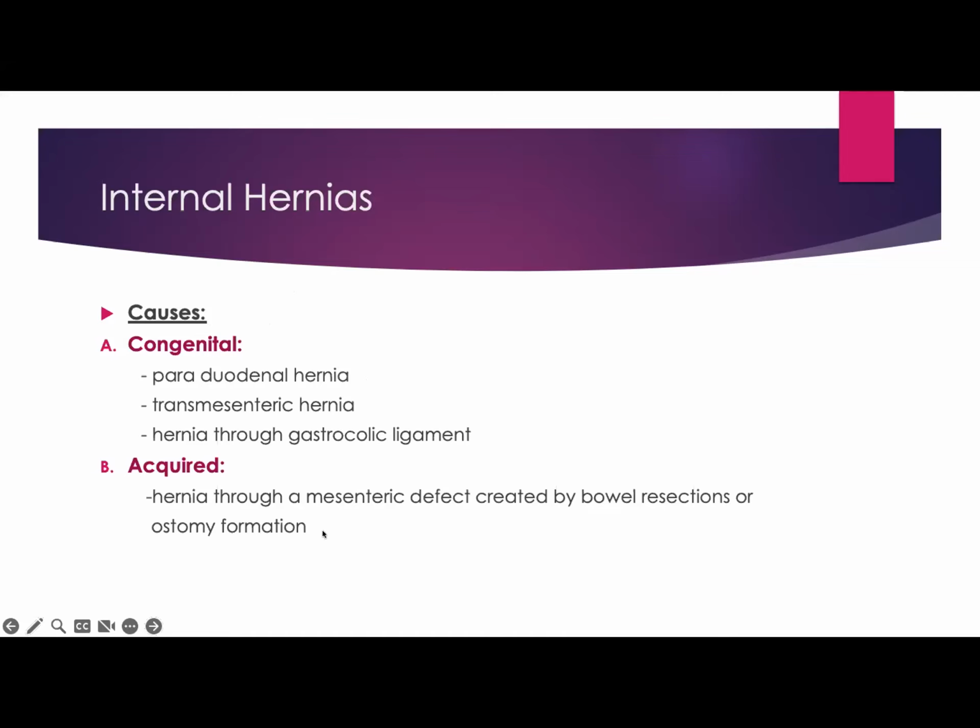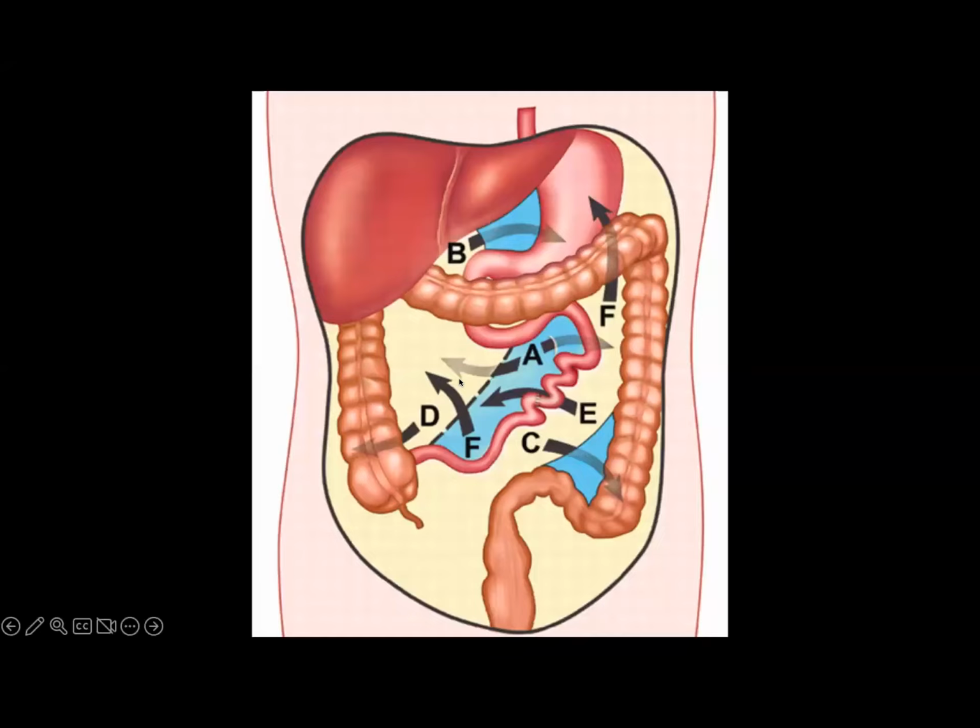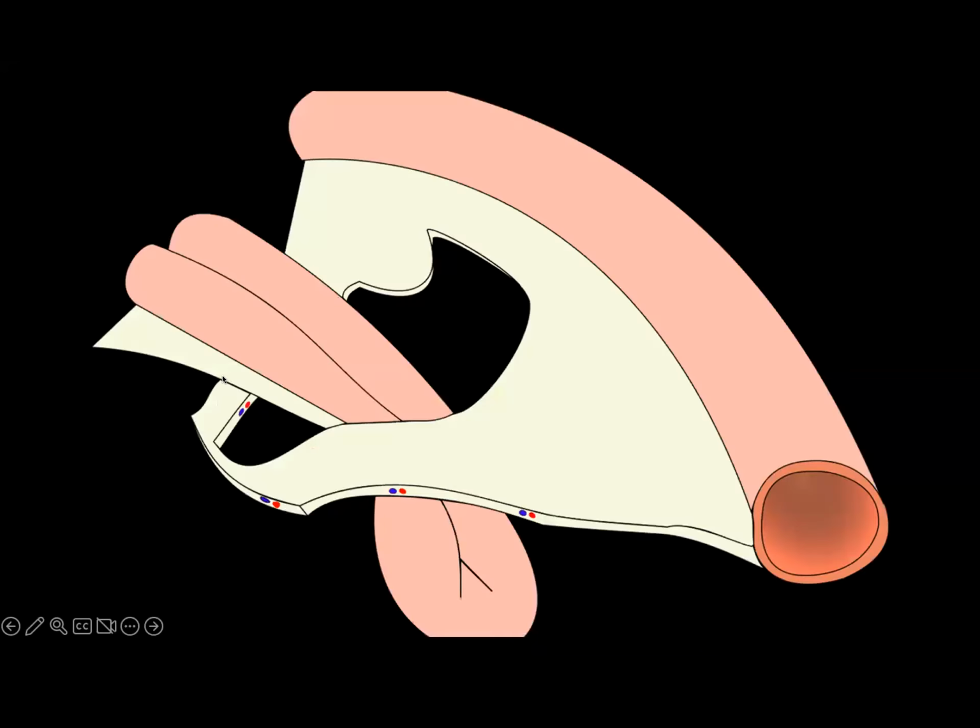Okay. You don't have to memorize all of that. So the causes: if it's acquired, most probably it's going to be due to surgical repair, okay, or ostomy formation, okay. So these are different types of internal hernias. So these are different spaces. So organs can go from one space to another. Okay.